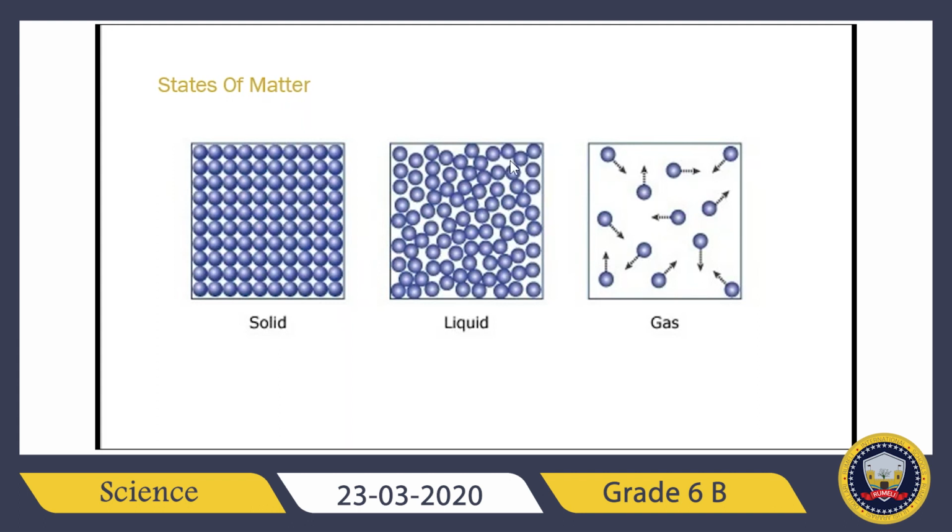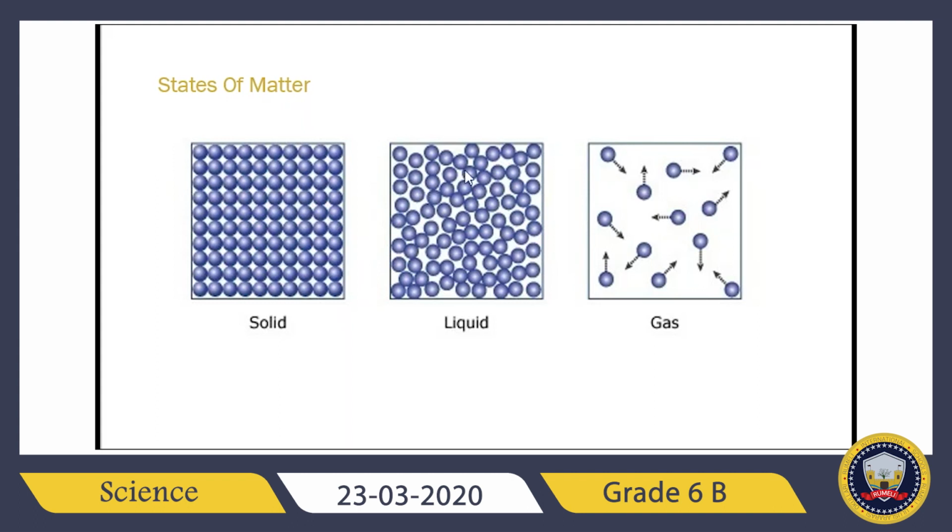Because there is more space between the particles of the liquid state. So because the particles of this liquid can slide past each other, we can say that liquid doesn't have a definite shape, and liquid will always take the shape of the container.